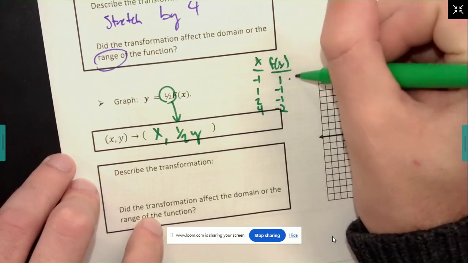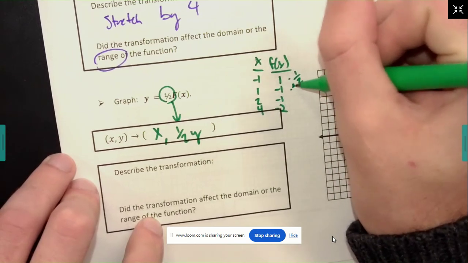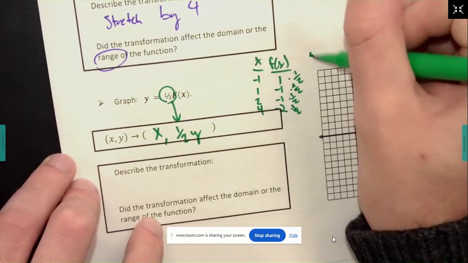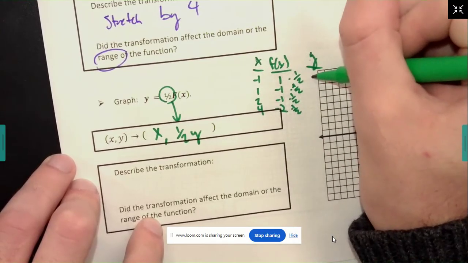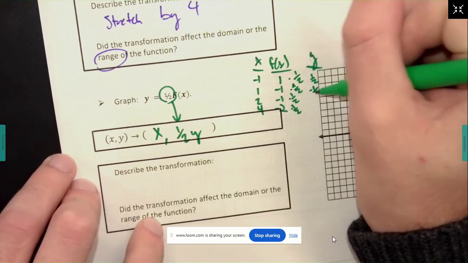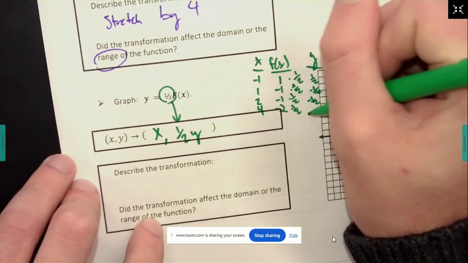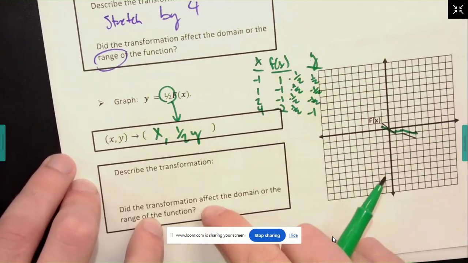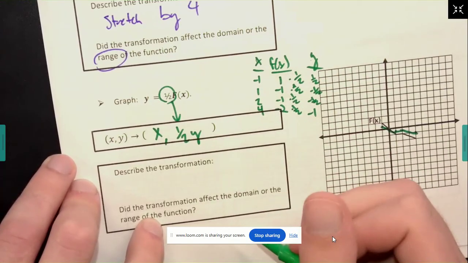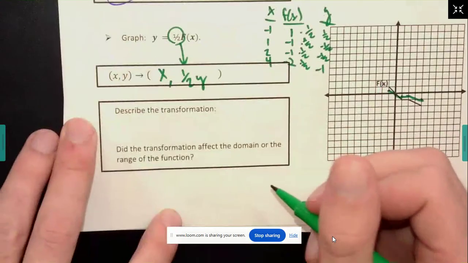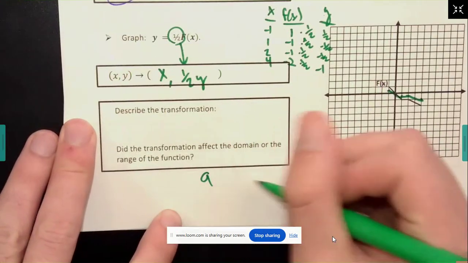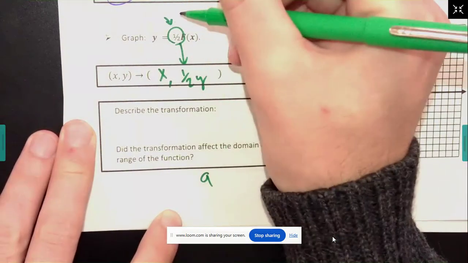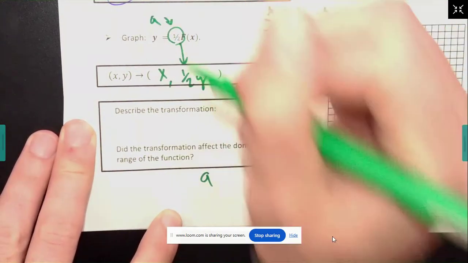And if I multiply all these by 1/2, I get my new y's, which is 1/2, -1/2, -1/2, and -1. Okay? So how would I describe the transformation? So that value out in front and how it's going to show up moving forward, we're going to call that an a value. So for this one, my a is 1/2.